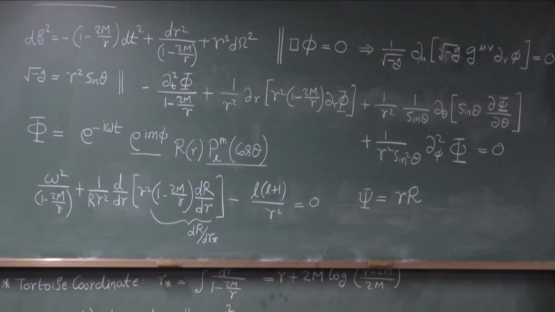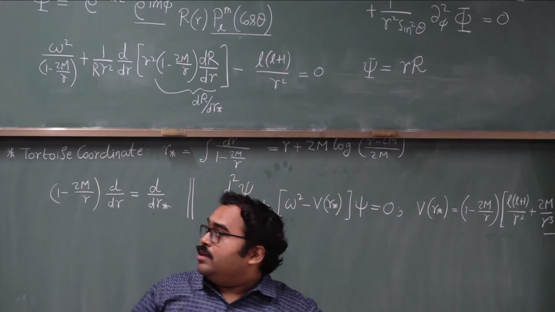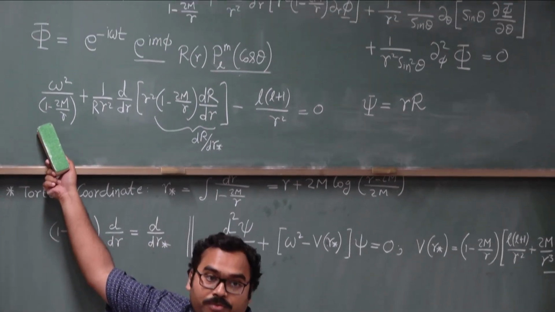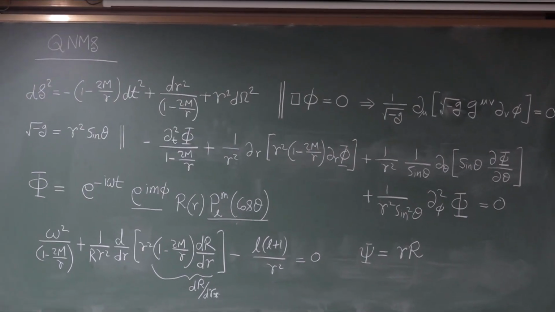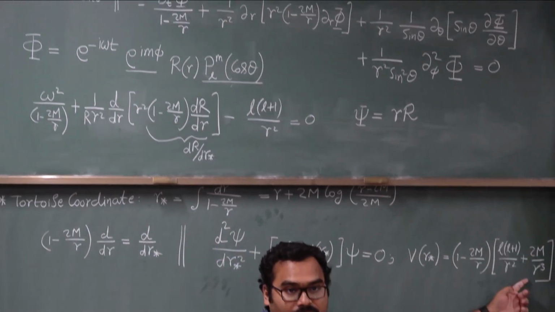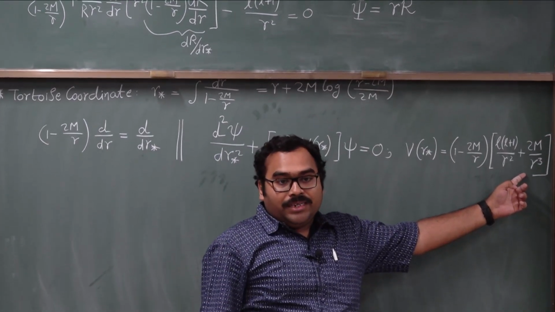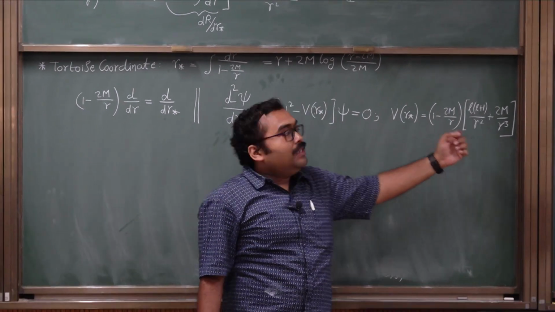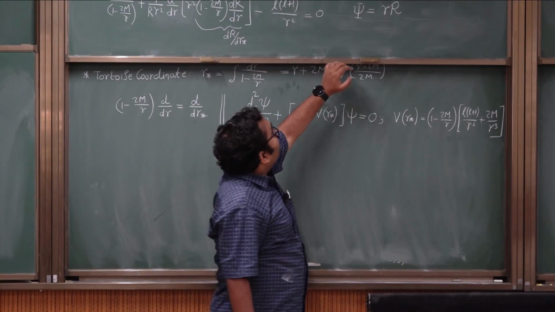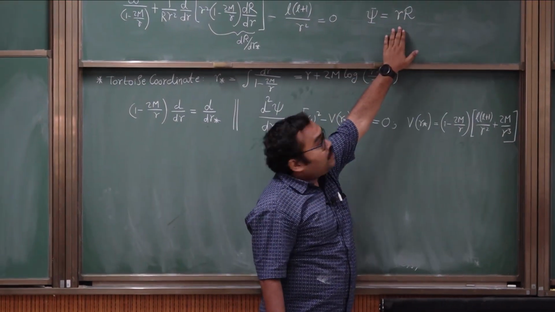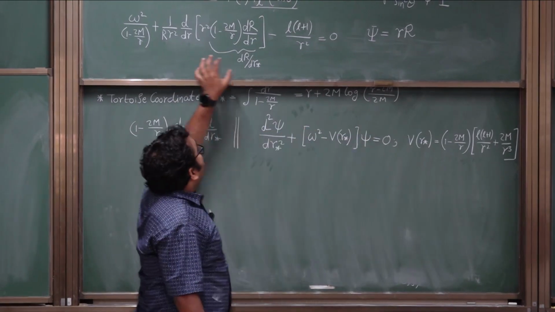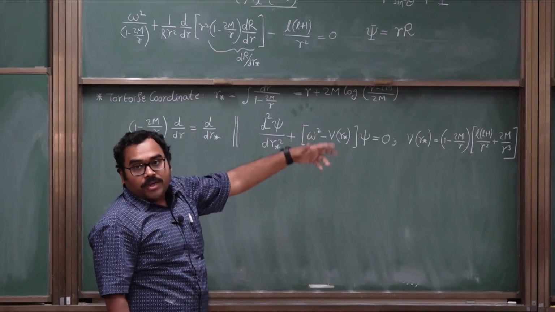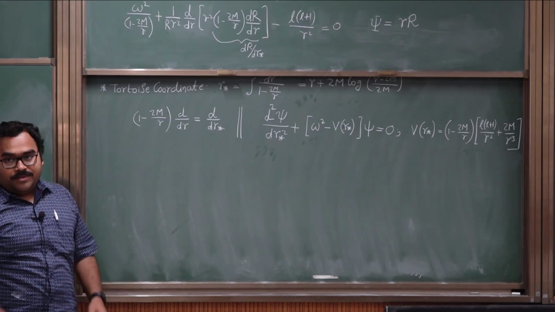There is a multiplicative factor of 1 minus 2m by r, which comes from this term, which is omega square by 1 minus 2m by r, and this extra piece, which is effectively the derivative of 1 minus 2m by r, comes from the fact that I have used this rescaling, and when you expand this derivative, there would be a constant piece which will come from there.